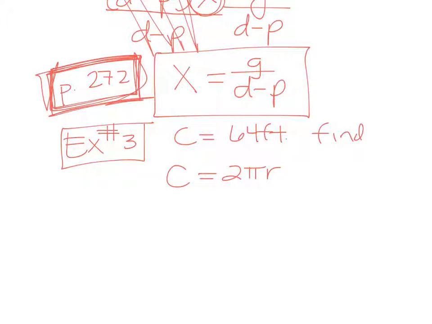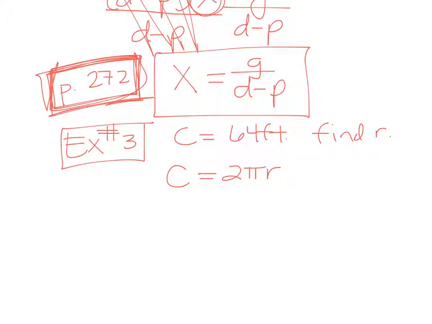Find the radius. Well, the easiest way to go about it is to solve for r and then plug in the 64 where you know it goes. But we have to figure out how do you solve for r in that problem. What are we doing with the 2 and the pi and the r? You're multiplying, right?